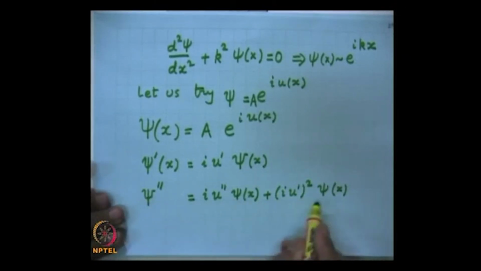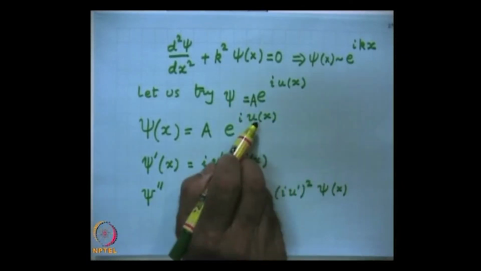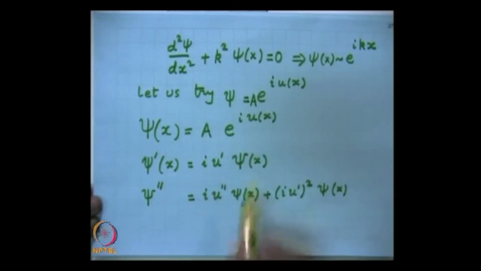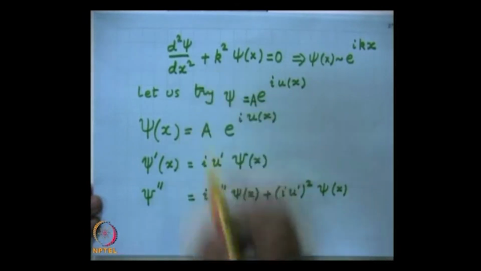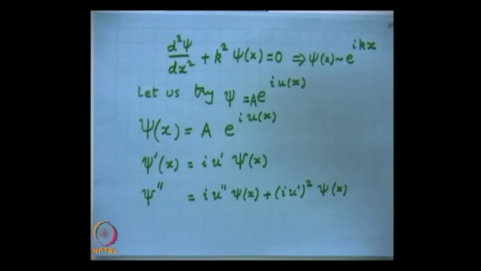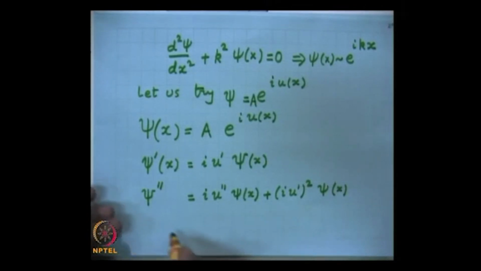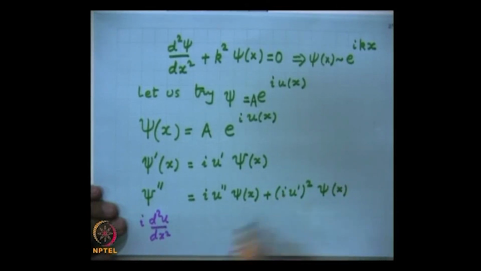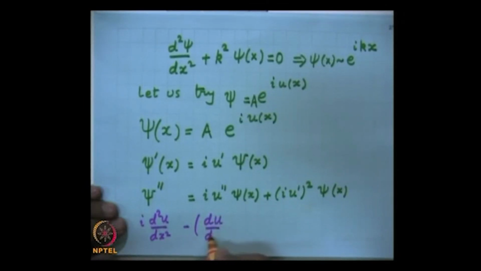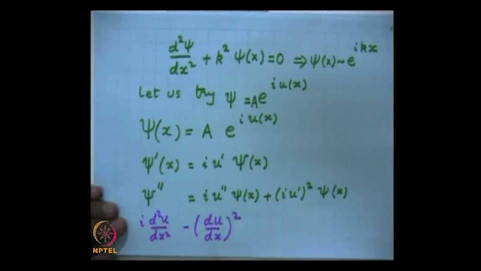So, I substitute this in this equation. I still do not know what u is. I substitute this in this equation and I will get I d2 u by dx square, psi of x will cancel out with every term, I square is minus 1, minus du by dx whole square plus k square.